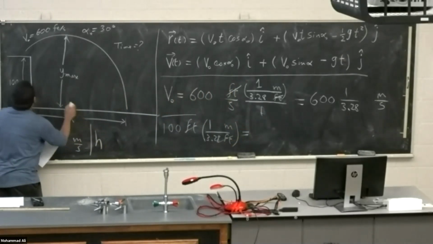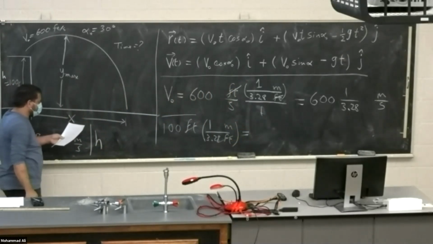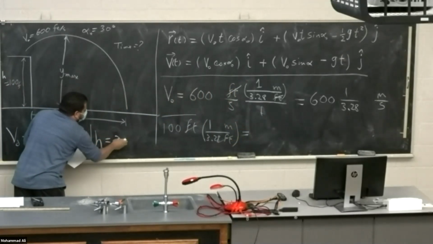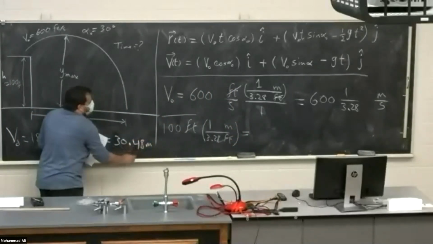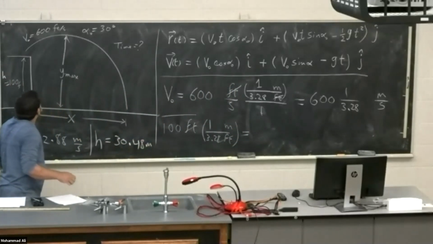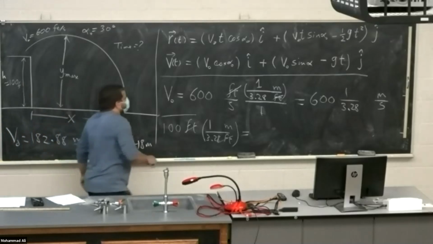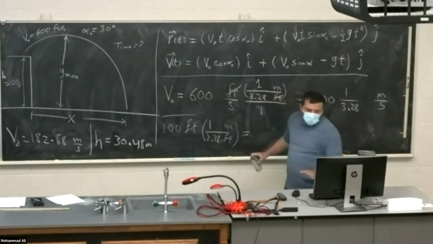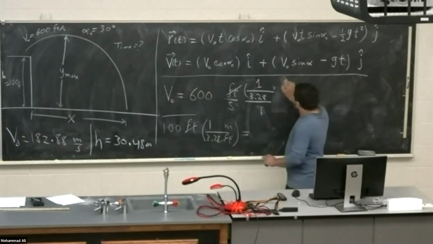The height h is equal to 30.48 meters. I have everything in meters. I am safe. Any question about converting?